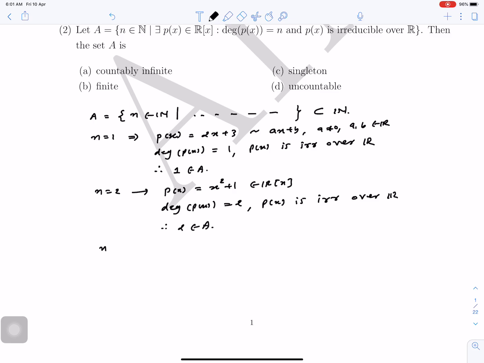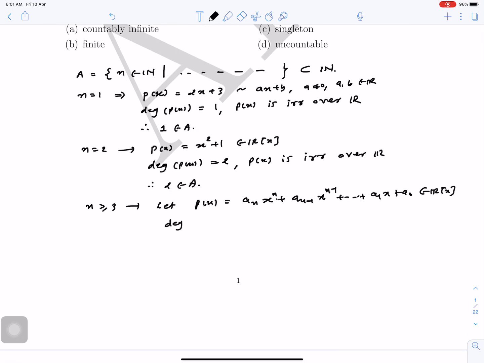Now for n greater than or equal to 3, let me consider a polynomial p(x) of degree n, where n is greater than or equal to 3. Let p(x) equal a_n x raised to n plus a_(n-1) x raised to n minus 1, and so on, plus a_1 x plus a_0, which belongs to R[x].